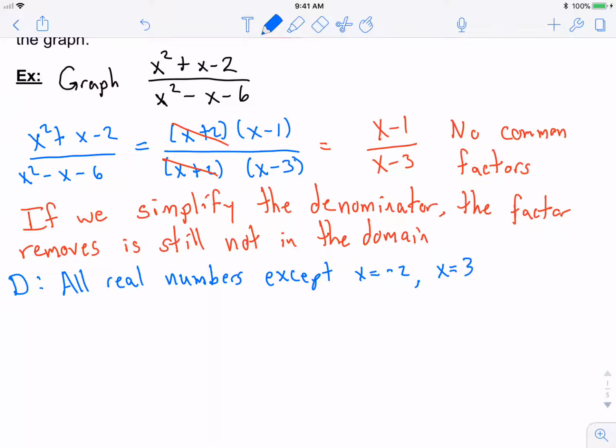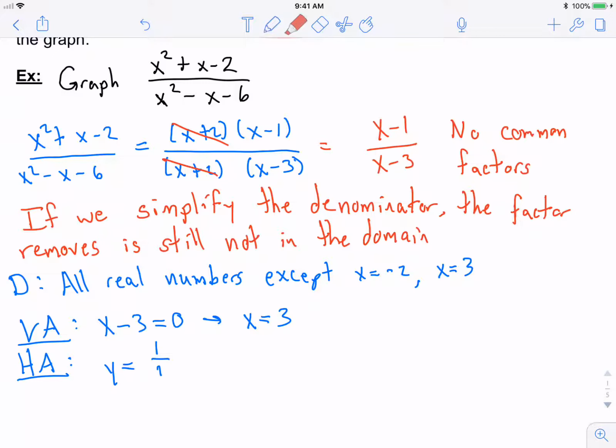Okay, so let's start using our rules here. We know we have a vertical asymptote at x minus 3 equals 0, or the point x equals 3. We know we have a horizontal asymptote at the line y is equal to 1 divided by 1. If we remember, this is because the degree on top and bottom is the same.